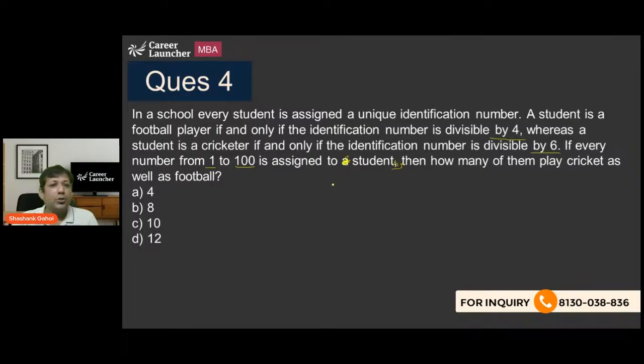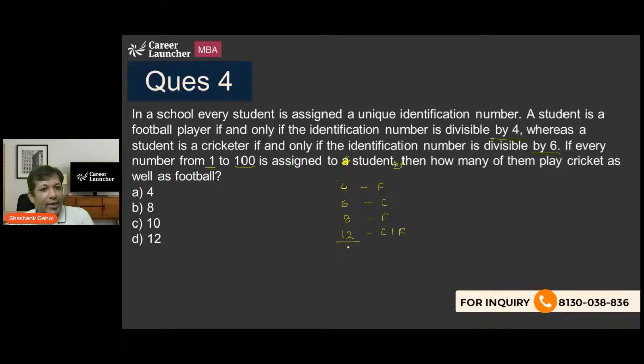Okay. So if identification is 4, the guy is a football player. If identification is 6, it is a cricket player. If identification is 8, it is a football player. Now, if identification is 12, it is a multiple of 6 as well as 4. It means this guy is a cricket player as well as a football player.